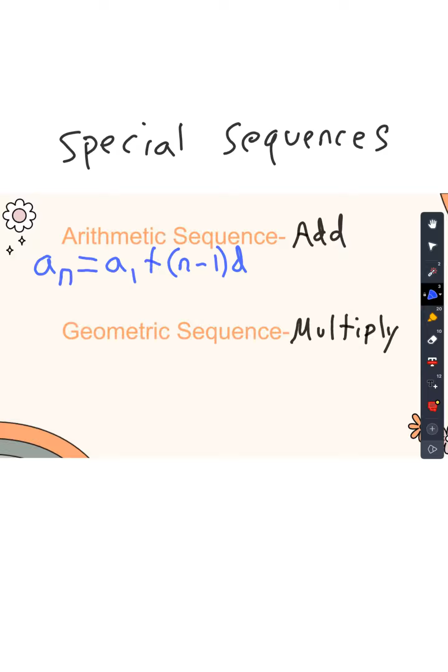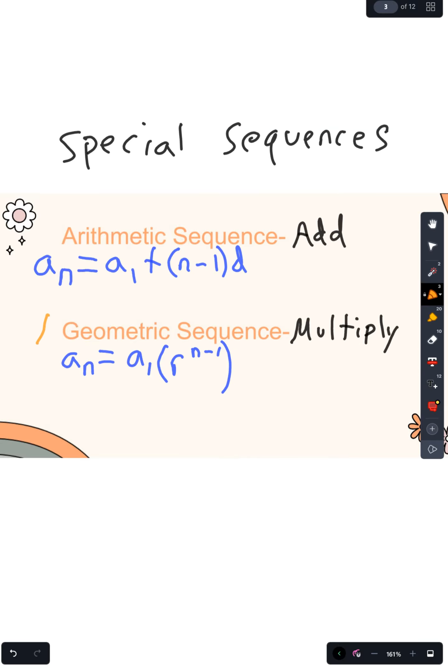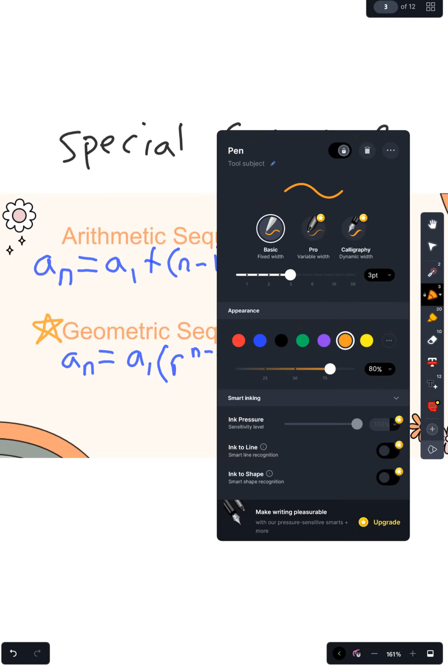For a geometric sequence, it is A sub n equals A sub 1 times r to the n minus 1 power, where r is what we are multiplying by each time. Of these two, we're going to need to know our geometric more so. We're going to look at an arithmetic today, but our geometric is what's going to come up as we continue on.